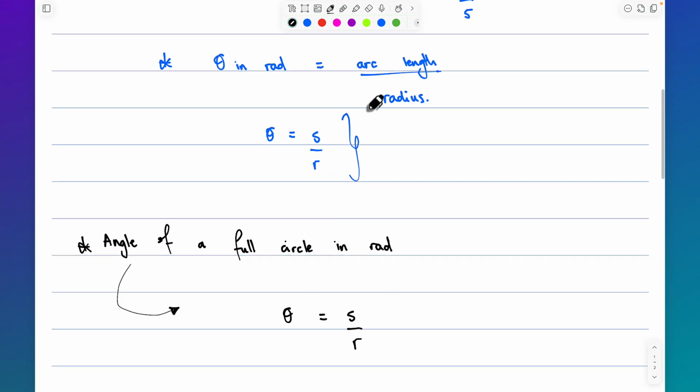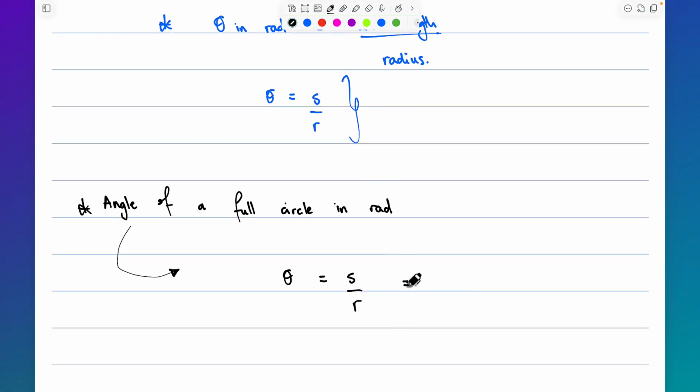From our earlier work, maybe before IGCSEs, we know that the length of the circumference is 2 pi r. So it's going to be 2 pi r divided by r.